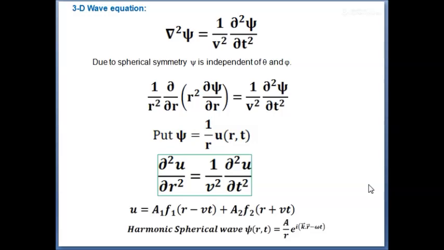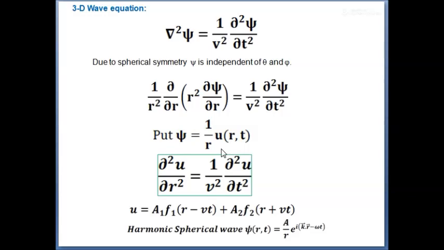So del square, which is the spherical del square operator, must have the form 1 by r square del by del r into r square del by del r, acting on psi. So 1 by r square del by del r of r square del psi by del r equals 1 by v square del square psi by del t square. Now to reduce this equation to a soluble form, we have to consider that psi equals 1 by r u(r,t).